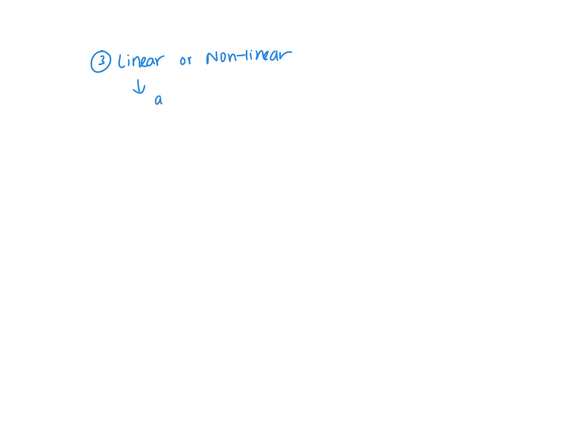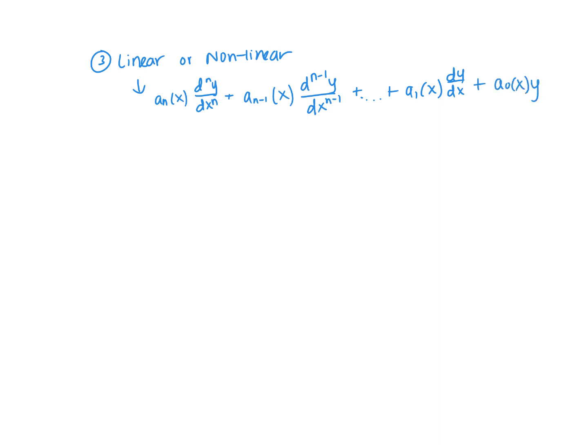What we're going to do is we're going to look at what makes a differential equation linear, and if the conditions aren't met, then it has to be nonlinear. If it's linear, you're going to have a coefficient in terms of x multiplied by your derivative, and then you'll have another coefficient in terms of x multiplied by the next derivative, all the way down to a1 of x dy dx plus a0 of x times y is equal to some function of x.